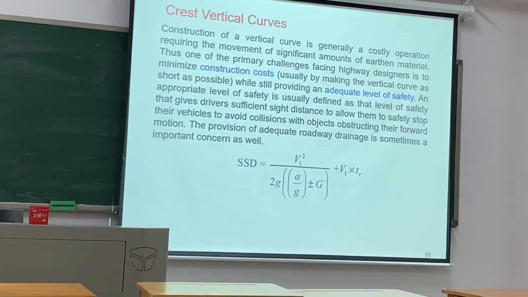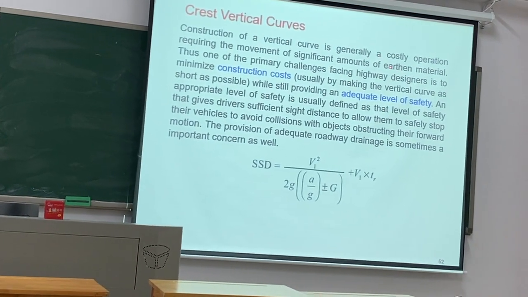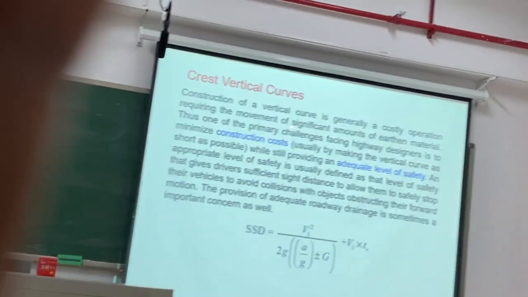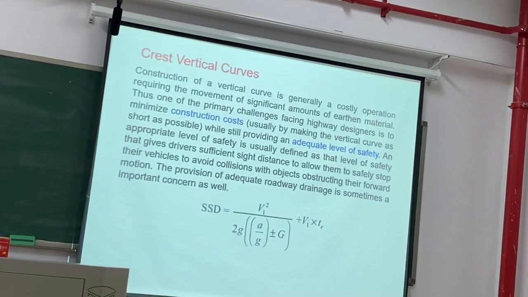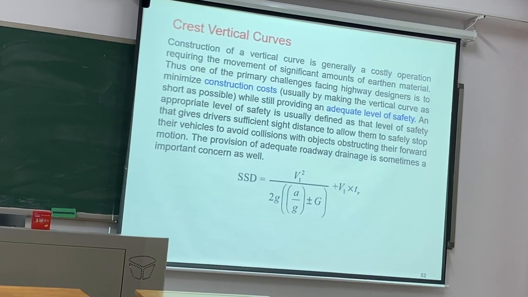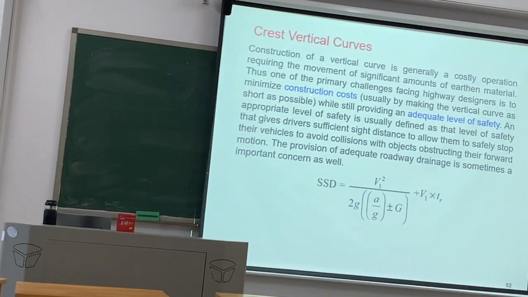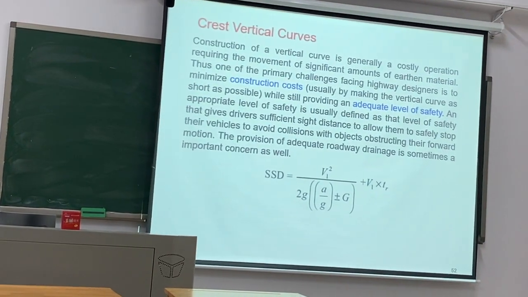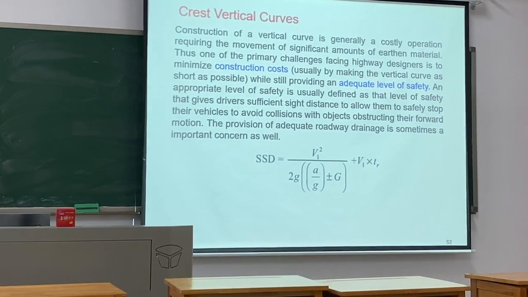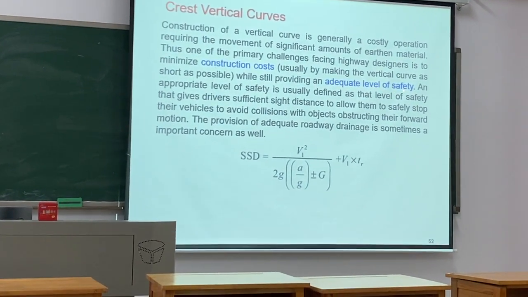First, the vertical curves. Construction of a vertical curve is generally a costly operation requiring the movement of significant amounts of earthen material. Thus, one of the primary challenges facing highway design is to minimize construction costs, usually by making the vertical curve as short as possible, while still providing an adequate level of safety.